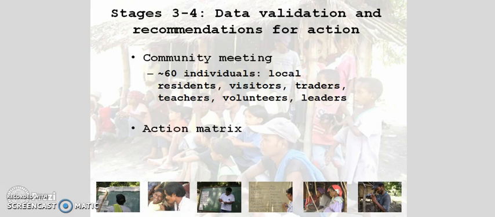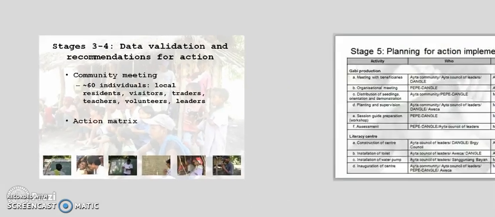By the end of this workshop, an action matrix was developed to discuss what needs to be done, what the priorities are, who's going to do it, what the barriers and opportunities are, and the time frame by which we need to complete the action.